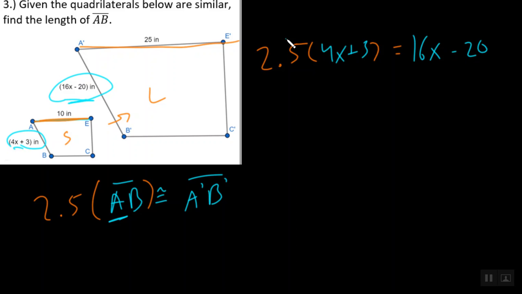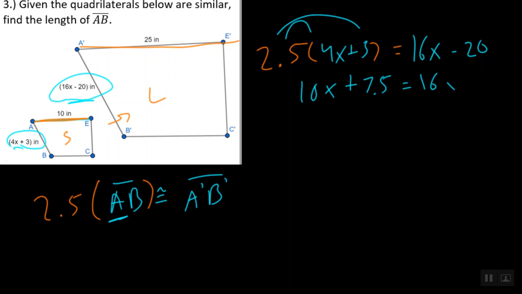Okay, well guys, 2.5 times 4, once again, I highly encourage you to use a calculator. My guess is 10, but let's find out. 2.5 times 4, yep, 10x. 2.5 times 3, I think that's 7.5, but let's just check it out. Yep.